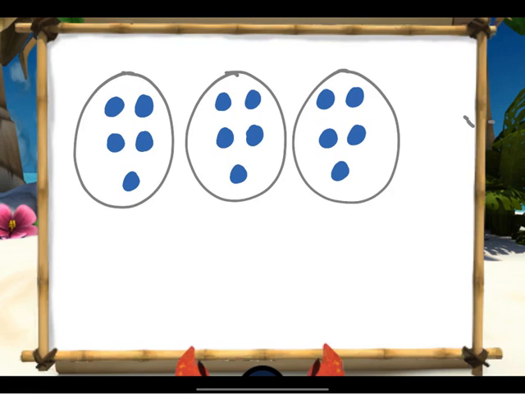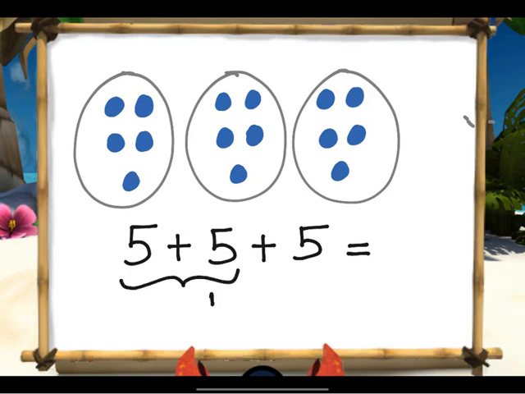Write it as an addition sentence. So the addition sentence for this picture will be 5 plus 5 plus 5, which is equal to, we know that 5 plus 5 is 10, and 10 plus 5 will be 15.